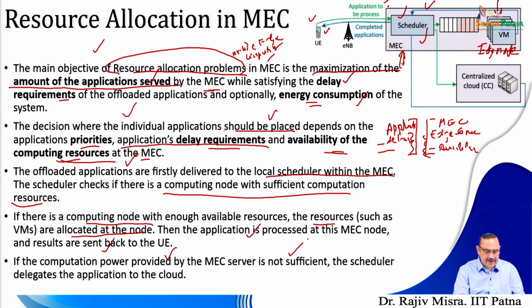If the computation power provided by MEC is not sufficient, the scheduler delegates the application to the cloud. So, you can see that the scheduler decides whether the required resources are available at the edge node; if so, it will schedule there as the first priority, otherwise it will be scheduled to the centralized cloud. If the requirement of resources is beyond what is available at the edge nodes, then it will be transferred to the cloud.